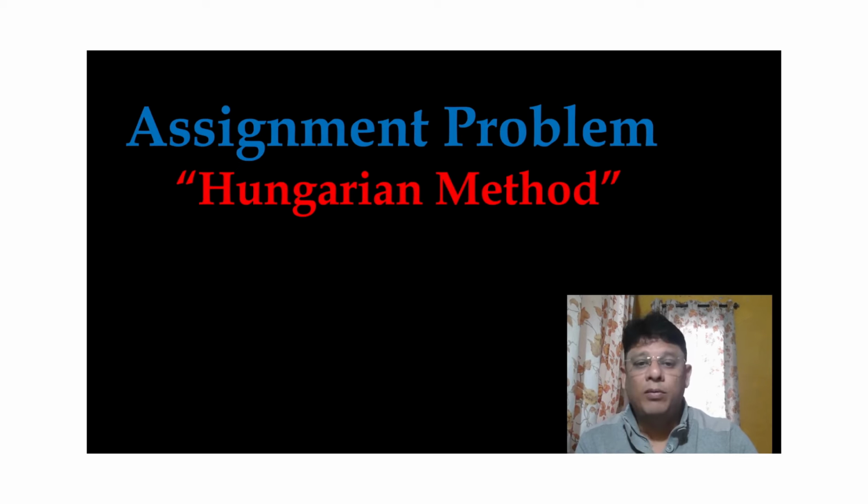So if you have a problem of maximization, you have to do something else, right? So today I'm going to discuss only the problem of minimization. Of course, in problems of maximization, we use the Hungarian method too, but we'll do a little bit of a trick in that, right? So we'll discuss the minimization problem with the Hungarian method today.